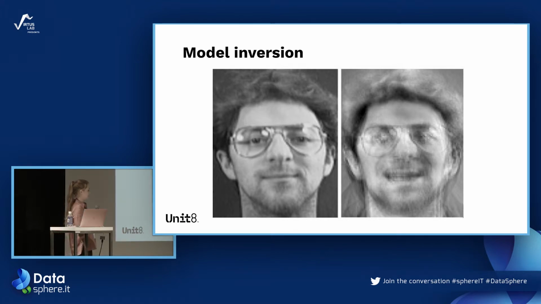And to begin that attack, the attacker might use a base image, which is like an average human, or he can pick a closer image if he knows anything about the gender or the age of that person. And then the attacker can run the model inversion as those progressive queries.